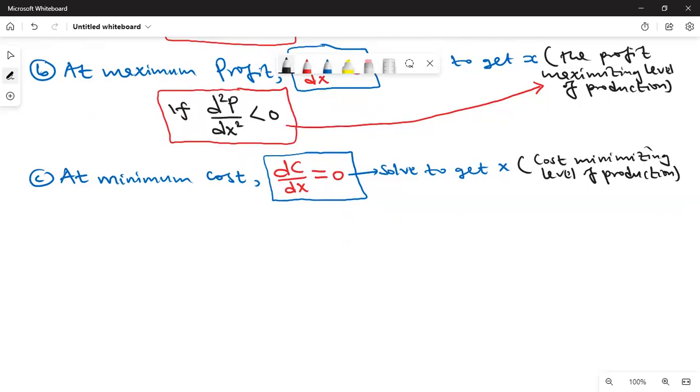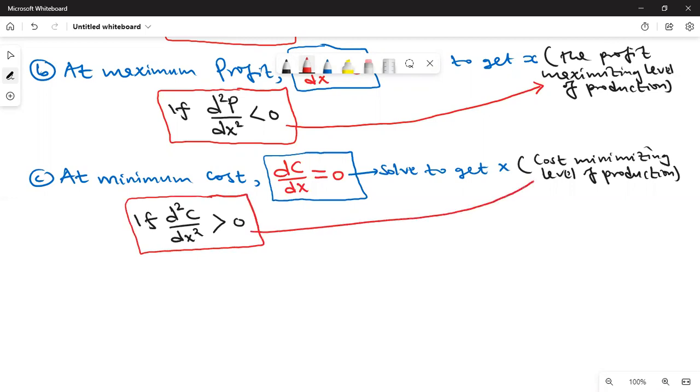So you must test whether d squared C with respect to x is a value. Now for minimum, the value must be greater than 0. Very important. If that is true, then it means that that value that you have found will give you the minimum cost possible.